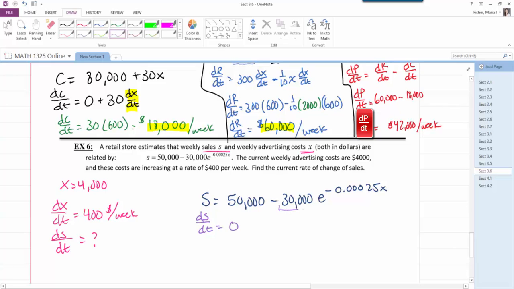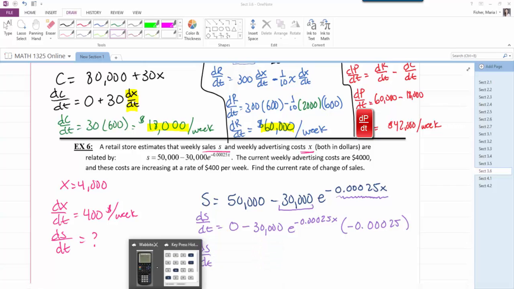Now this 30,000 here is a constant multiplier. It multiplies along, so 30,000. The derivative of e to a function is e to that function times the derivative of the function. Well, the derivative of negative 0.00025x is just negative 0.00025. So now if we just clean this up, a negative times a negative is a positive.